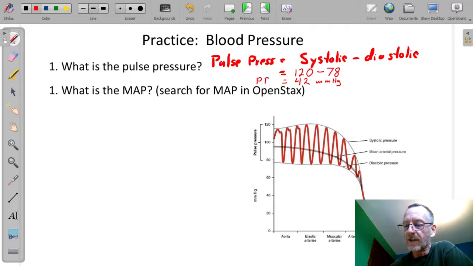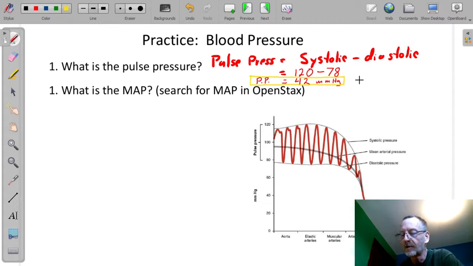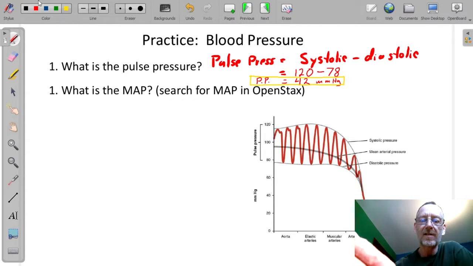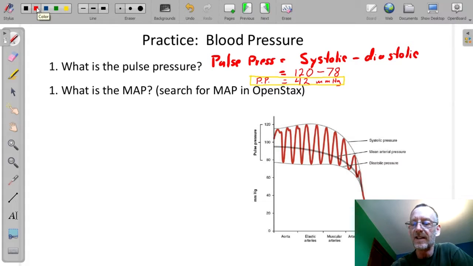That's the pulse pressure. Systolic minus diastolic, assuming that my numbers are good, that my subtraction is good. So what's the mean arterial pressure? Here's a formula that I think is easy to remember.